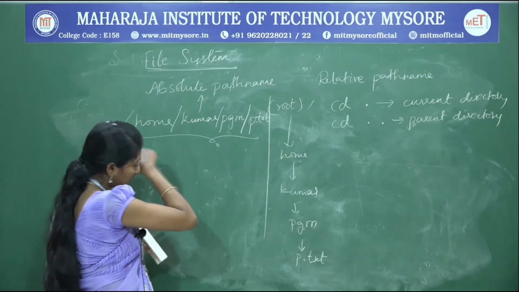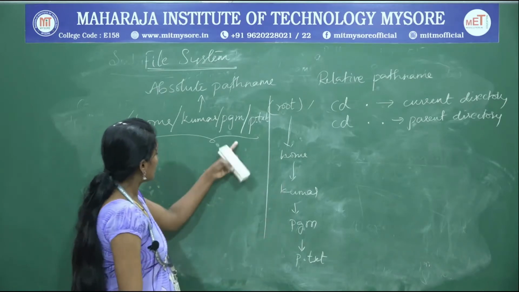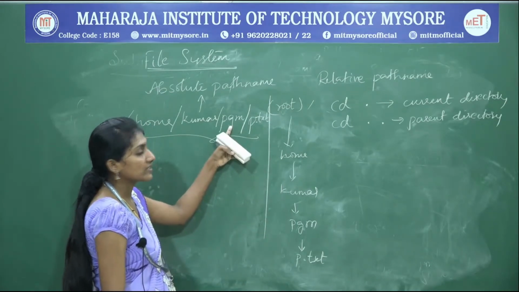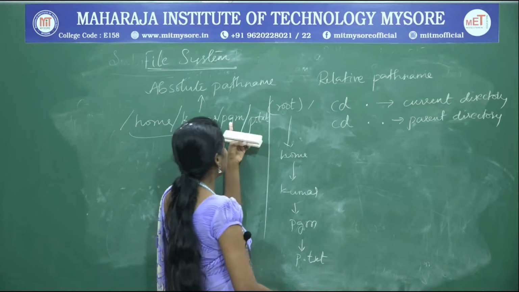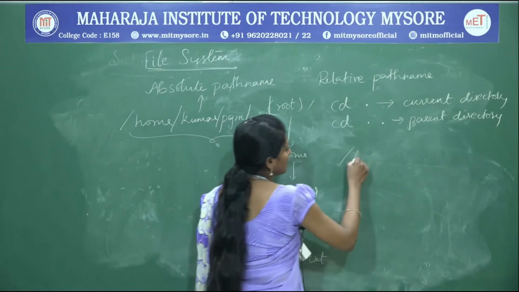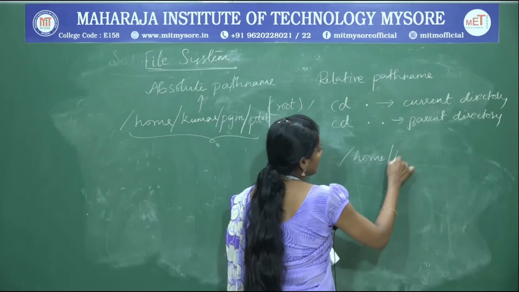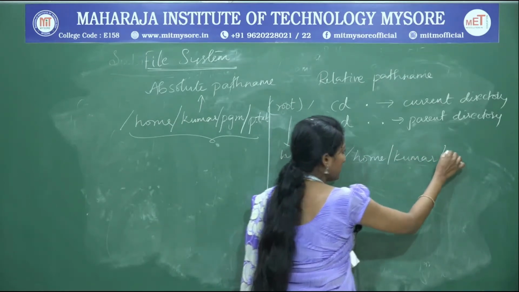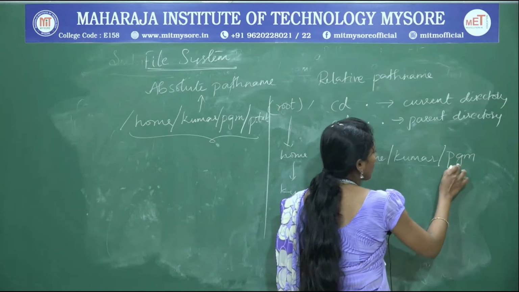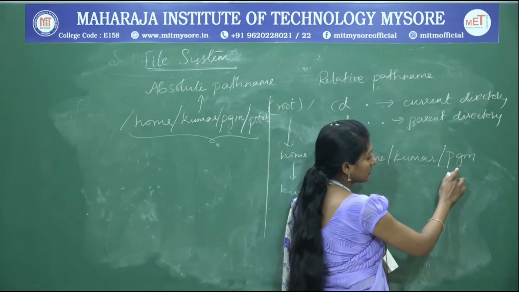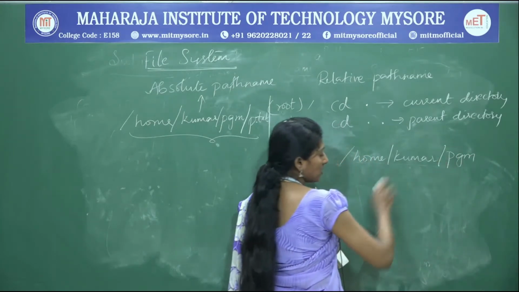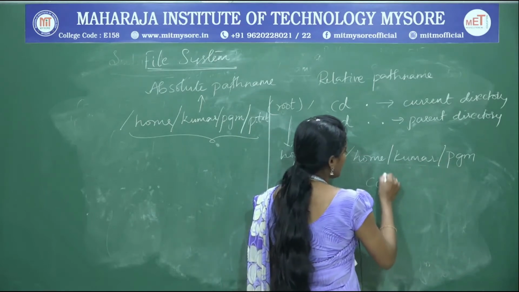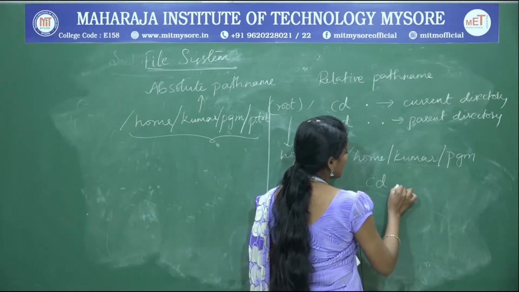What if I consider the same path? If I want to know the current directory of this PGM, let me assume you are under the directory like this: root, home, Kumar and PGM. Now I can just give CD dot.